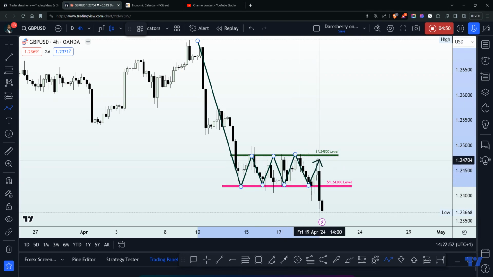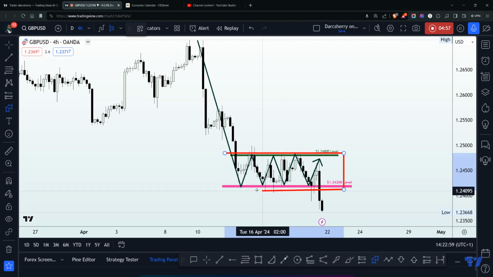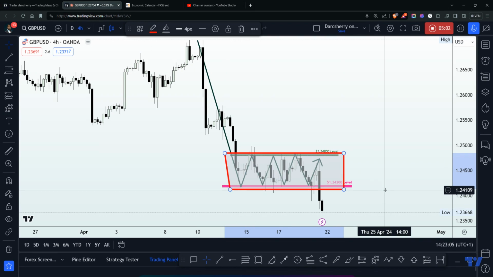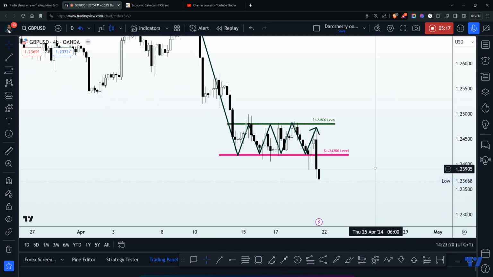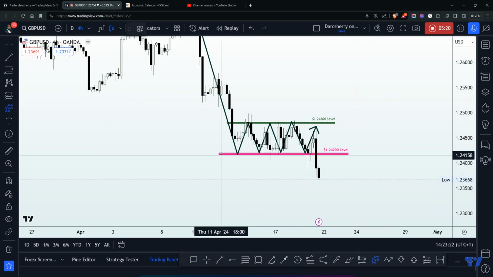As you will see, price action was confined within the 1.24800 level and our key level at the 1.242 to emphasize the prevailing uncertainty in this particular market. Now, with this whole structure we see here, from a theoretical standpoint, we are looking at a bearish rectangular pattern, where from a technical standpoint, the validation of this pattern will only happen once the support line of the bearish rectangle is broken.